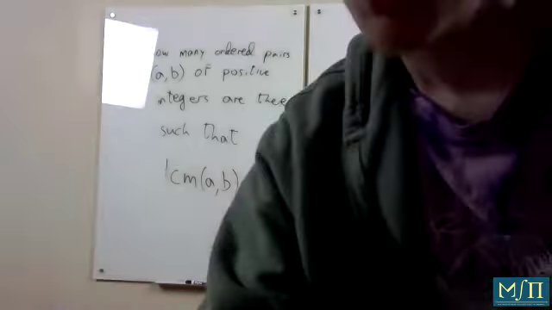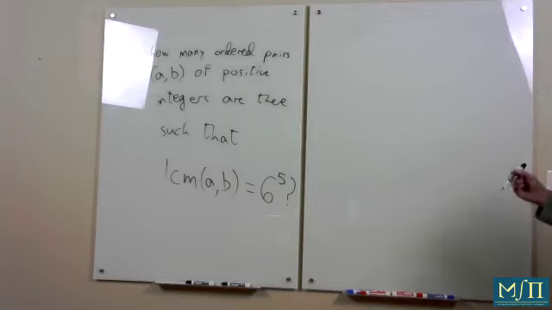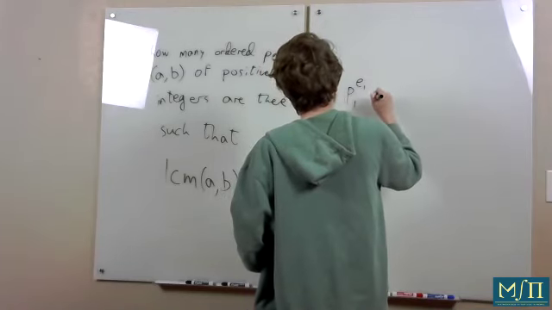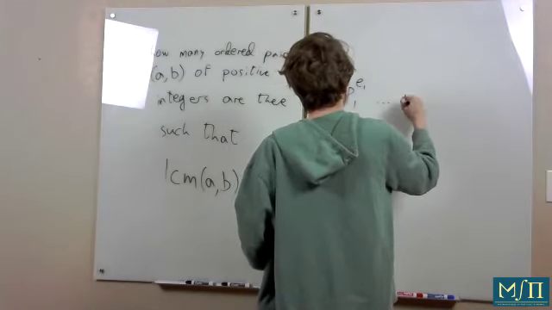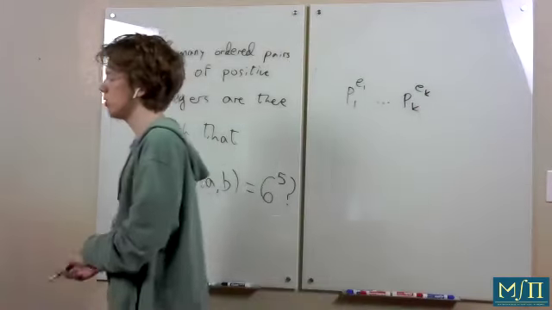Okay, so I'm hearing some answers, but let's see the solution to this problem. Basically, since the least common multiple of A and B, let's look a little fundamentally. When you have two numbers, in terms of their prime factorization, say I have P1 times... I'm going to allow some prime numbers with exponents of 0.